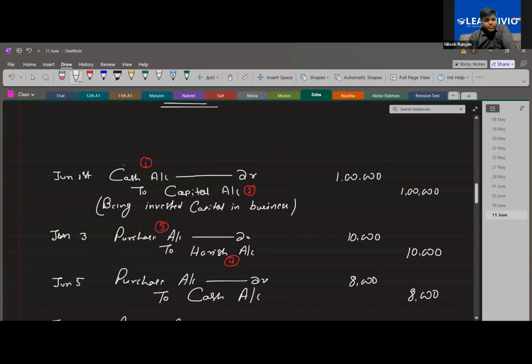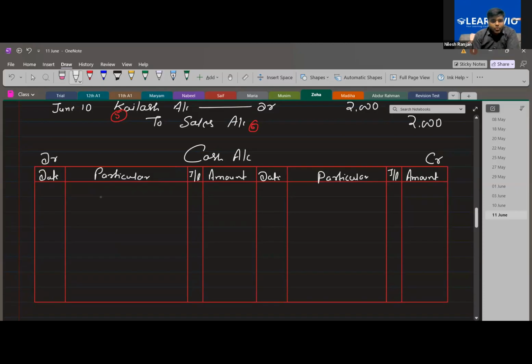Can you tell me, the cash account is written on which side? It's on the debit side, and capital is on the credit side. Yes. So if cash is written on the debit side, then it will go on the debit side of the cash account. I'm just deciding the side first. Is this clear?